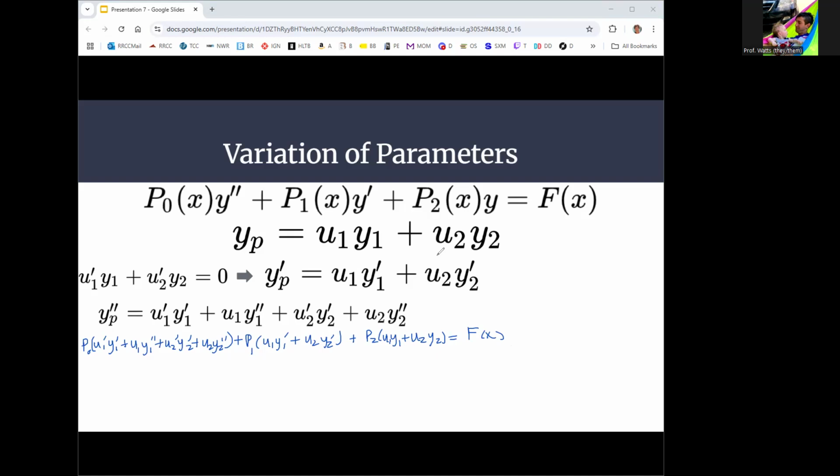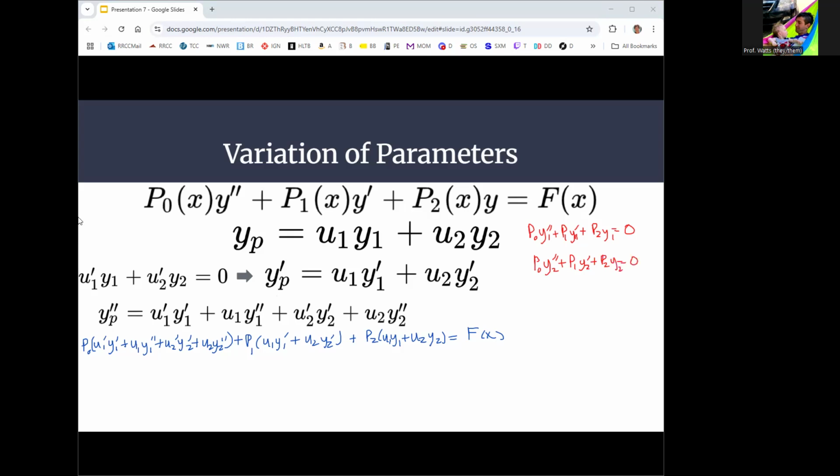And remember that y1 and y2 solve the homogeneous form, which means that p0 y1 double prime plus p1 y1 prime plus p2 y1 equals 0. And same for y2, because y1 and y2 are solutions to the homogeneous form.